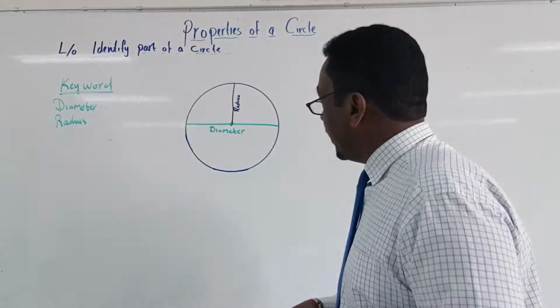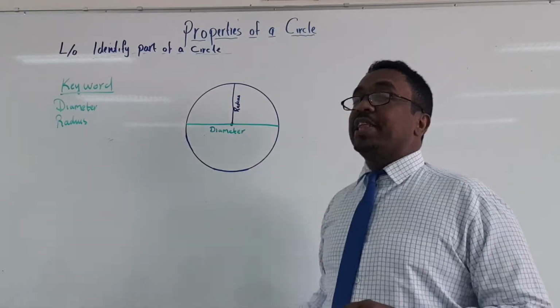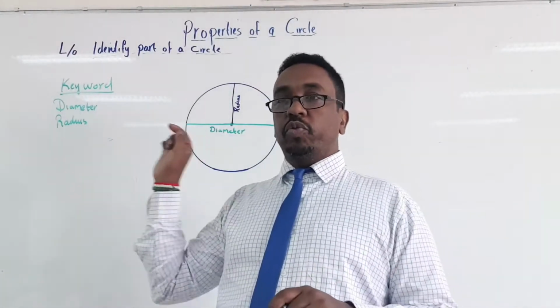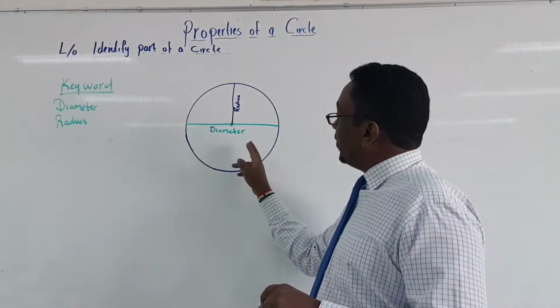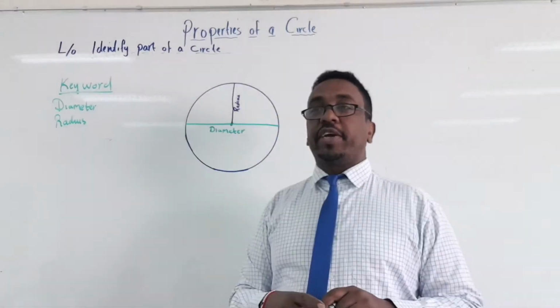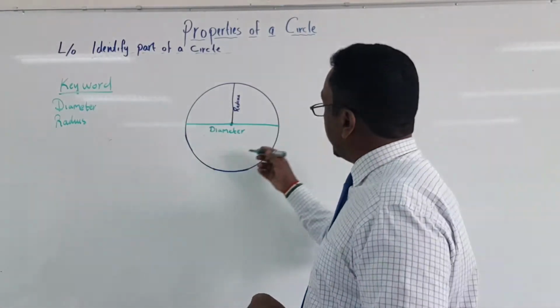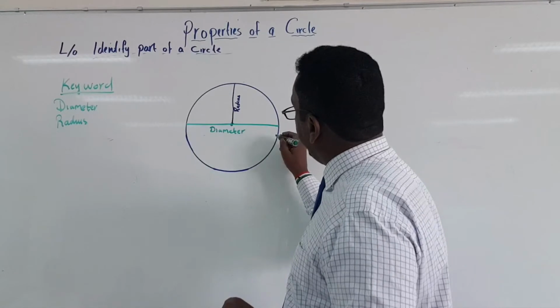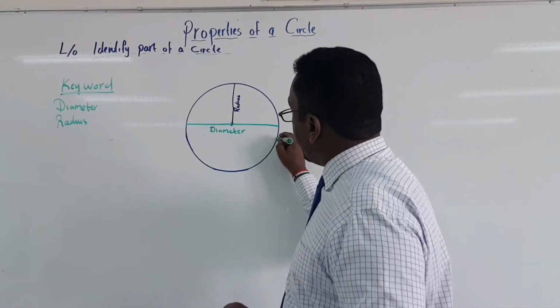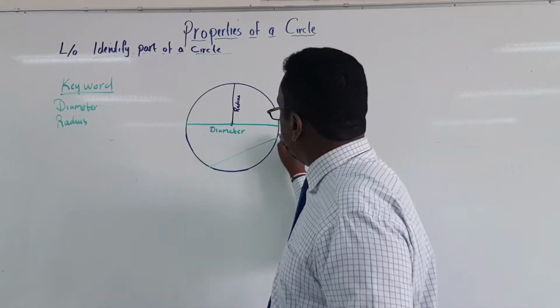Now let's learn another line. Now this line, unlike the diameter, doesn't go through the center point. It starts anywhere on the circle and touches the other side of the circle without going through the center point. So let's just draw that. Let's just pick any random spot. Let's start from here, go through there, and touch another side here.